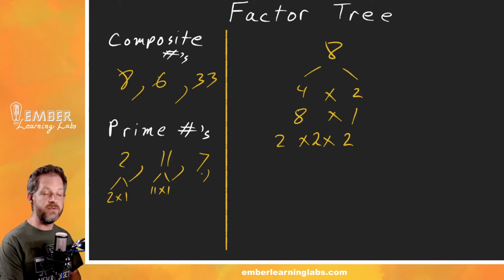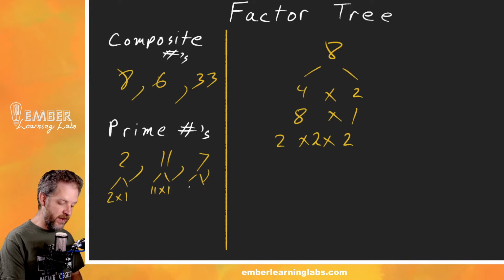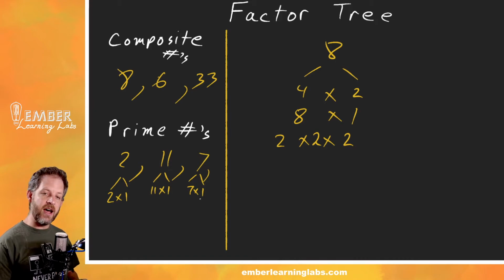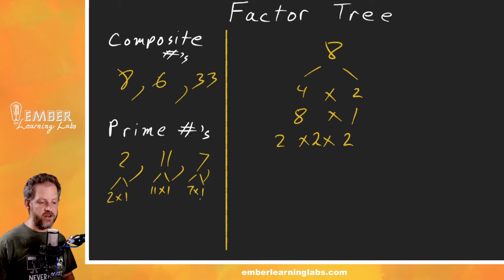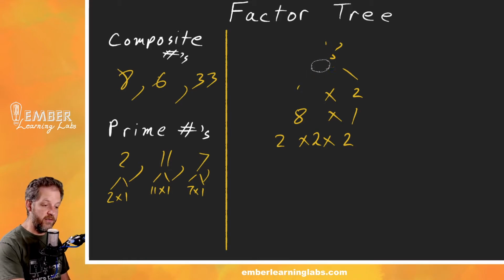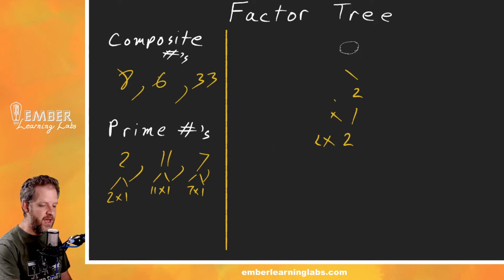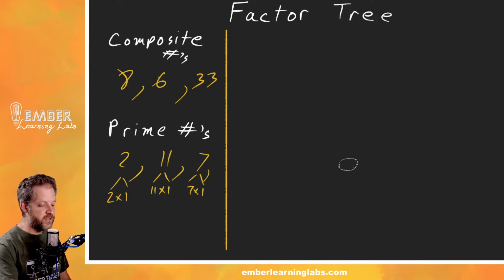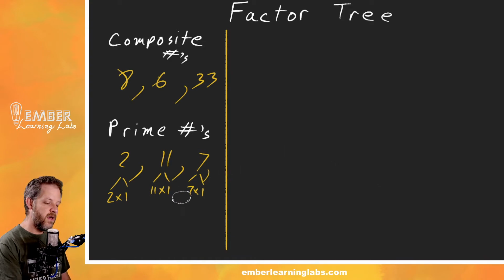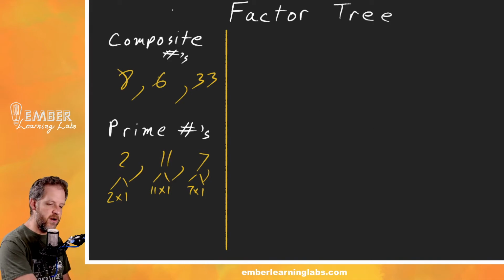The only factors of 7 are 7 times 1. Okay, so a prime number is a number where its only factors, this is not a factor tree, this is just an example, are the number itself and 1.